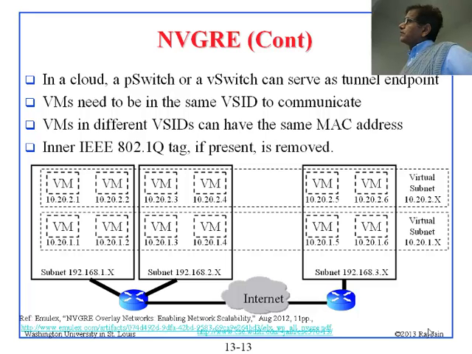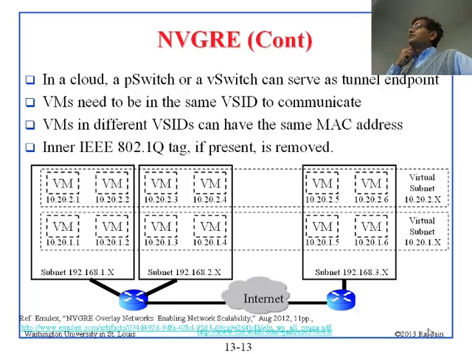The first subnet is 192.168.1x, second subnet is 192.168.2x, and third subnet is 192.168.3x. And the tenants have their own subnets. The first tenant wants to label its subnets 10.22.1, 10.22.3, 4, 5, like that. So the first tenant wants to have the subnet labeled as 10.22.x. Second tenant wants to label it as 10.21.x.